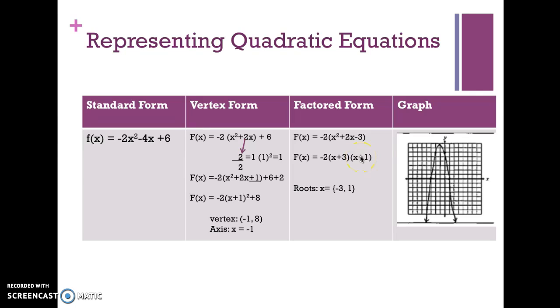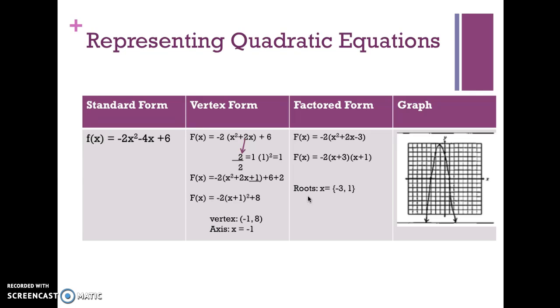Now our factored form, we have the function f(x) = -2 times (x² + 2x - 3). It's minus 3 because we took positive 6 right here and divided by -2. So our function f(x) = -2 times (x + 3) times (x - 1).